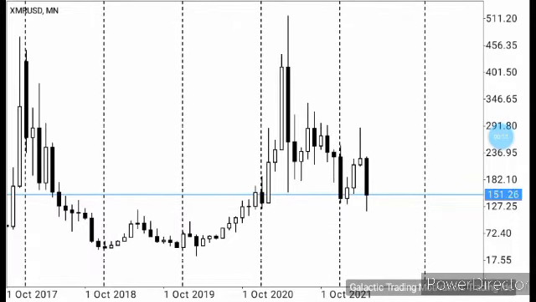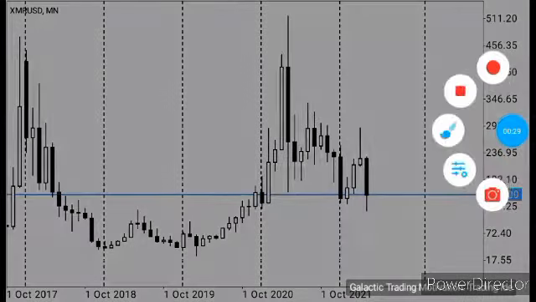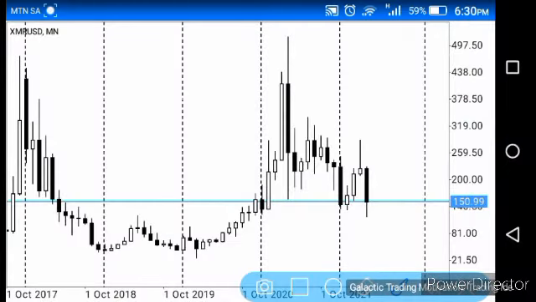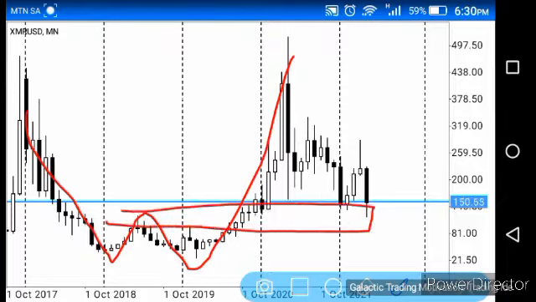As you can see, I have the Monero chart open, and the first thing we need to ask ourselves is what is significant that we can see on this particular monthly chart. The first thing I can see is this W structure over here with the neckline being in this region.